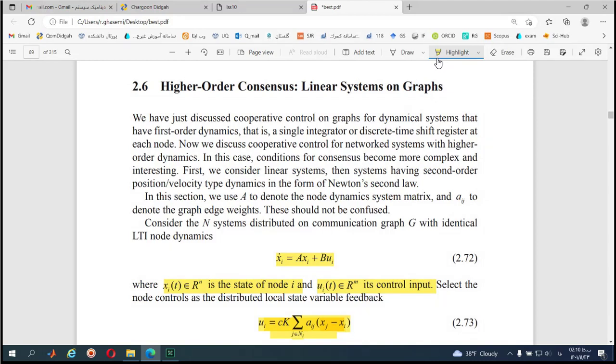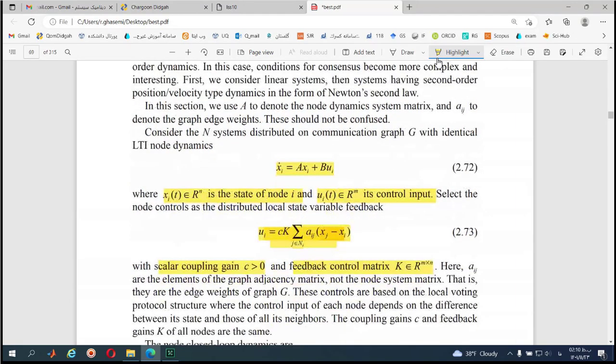You can select the suitable form for the graph, and based on the graph and these agents, you can write the compact form.